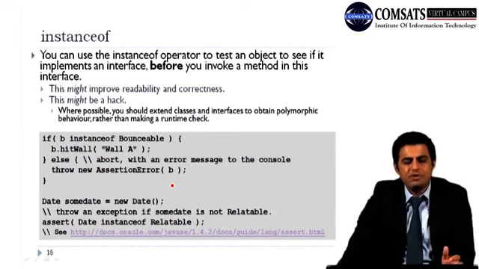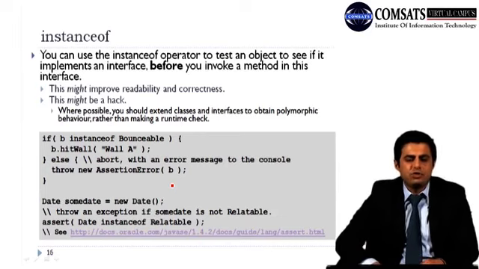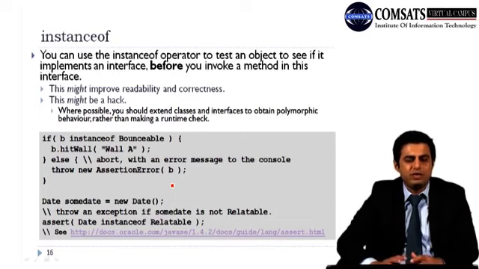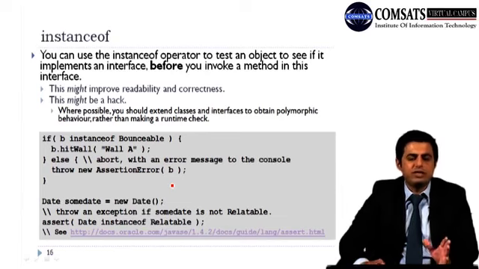So I would recommend that whenever you are going to write interface code, you should always use instanceof. Of course, this is going to add a number of lines, and if you are implementing a very complex system and you want to avoid a lot of lines of code, then of course you can consider not using it.